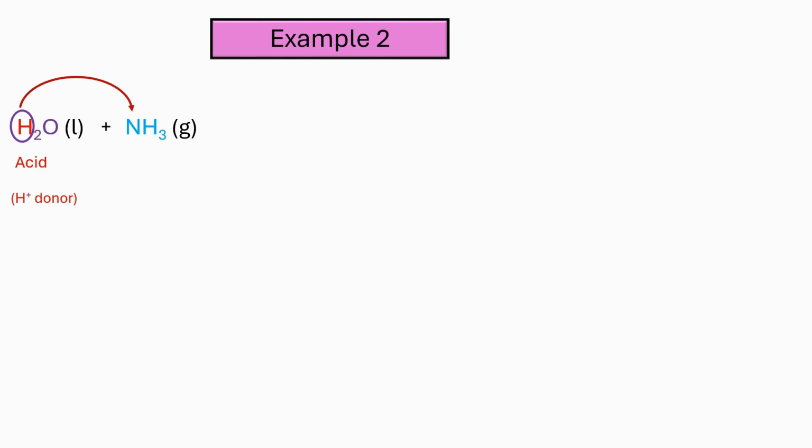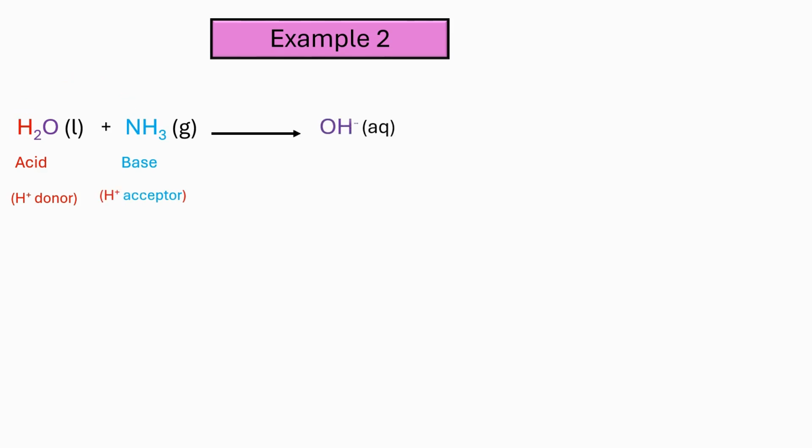Let's look at one last example. Let's say we had water reacting with ammonia. Water in this case would be the acid. Why? Because it can donate its proton. Ammonia would be the base because it accepts the proton.